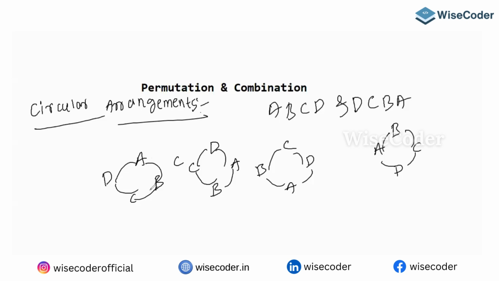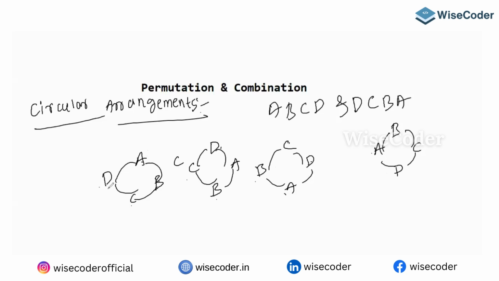A, B, C, D, A, B, C, D. That's the difference between the circular arrangement and the linear arrangement.